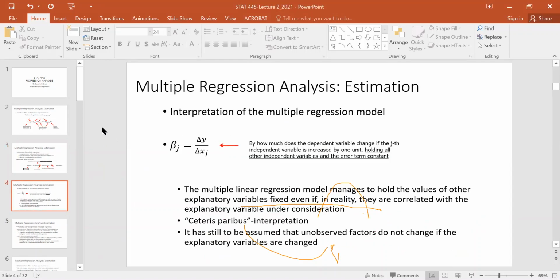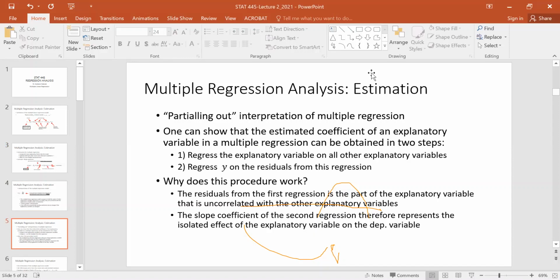It works because of this. The residual from the first stage is the part of the explanatory variable that is uncorrelated with other explanatory variables. The slope coefficient of the second regression therefore represents the isolated effect of the explanatory variable on the dependent variable. So take it slow again, read it again, and then you get it.